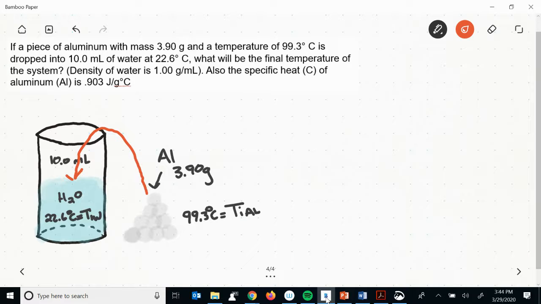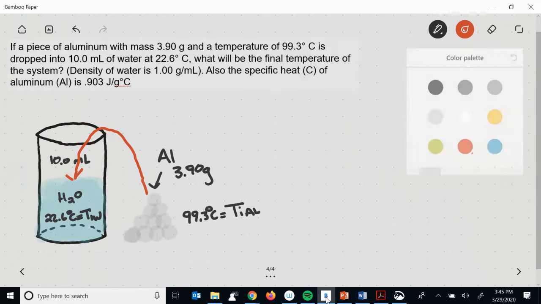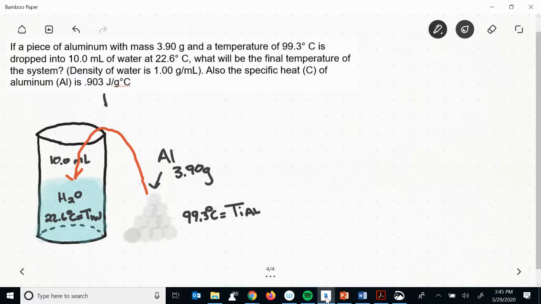What might not be obvious, but is super important, is that the final temperature, which is what we're being asked to solve for in this particular case, is going to be the same for both of them. So I don't need to label TF as for aluminum or for water because they're essentially going to come to the same final temperature. Okay?